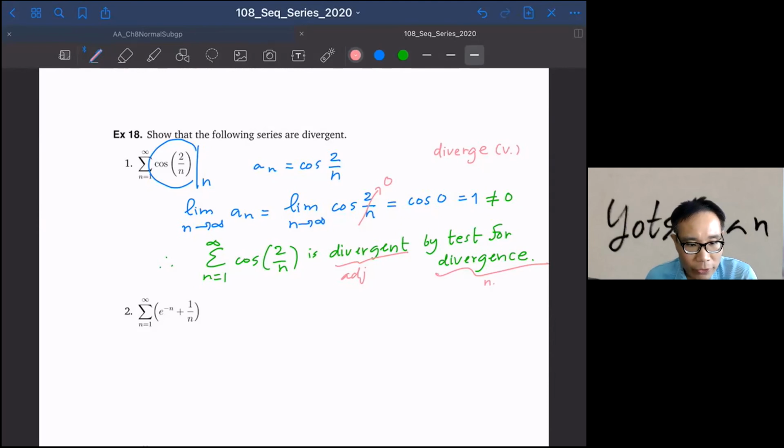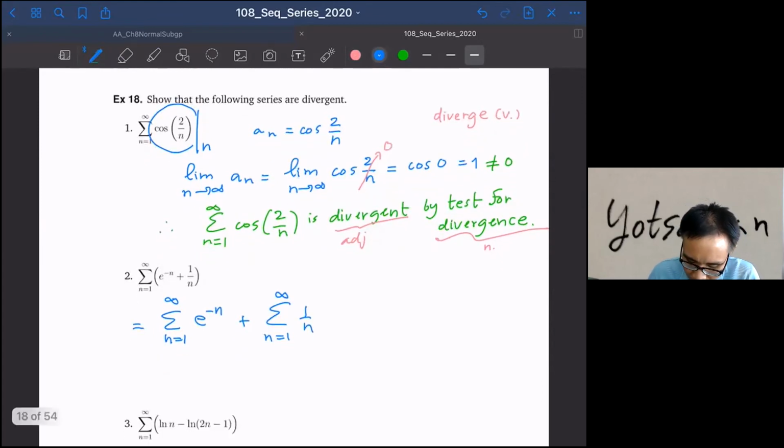Last one, you have the series n equal to 1 to infinity of e to the n plus 1 over n. You can write this as the series n equal to 1 to infinity of e to the negative n, plus the series n equal to 1 to infinity of 1 over n. This first one turned out to be 1 over e to the n, with r equal to 1 over e less than 1, so it is convergent.